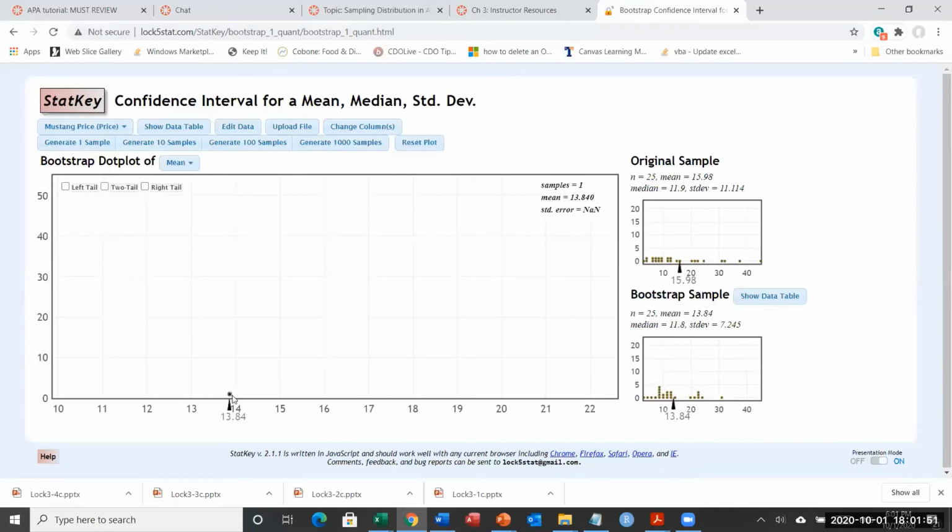And here is the mean of this sample plotted on the dot plot.